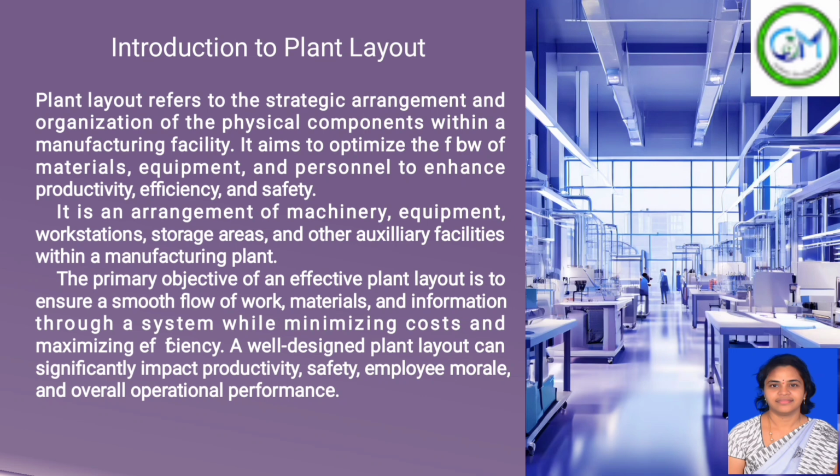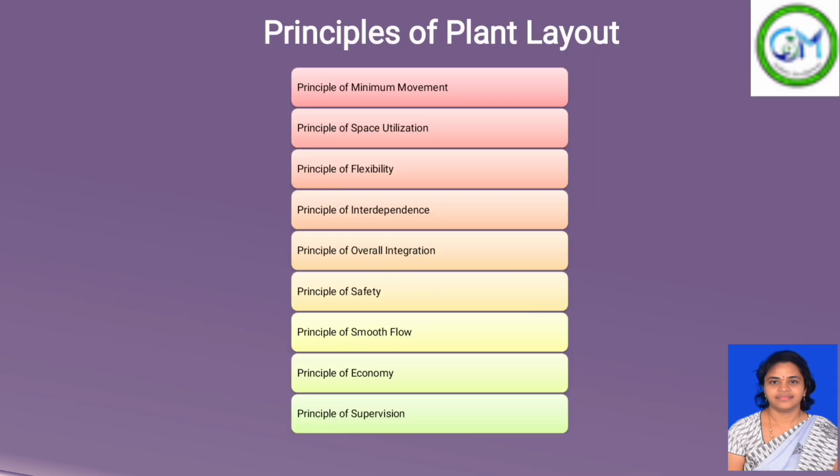Principles of plant layout. There are around 10 principles that are very important for a plant layout. First principle is the principle of minimum movement. Materials and labor should be moved over minimum distances so that we can reduce the cost and time of transportation and material handling.